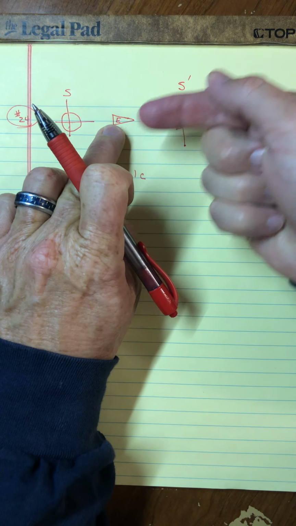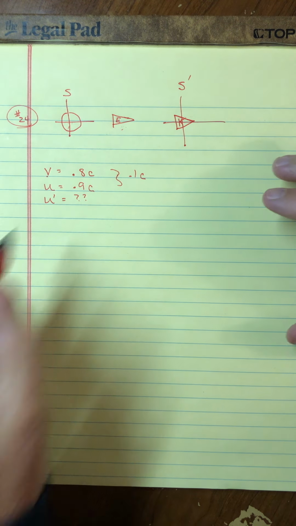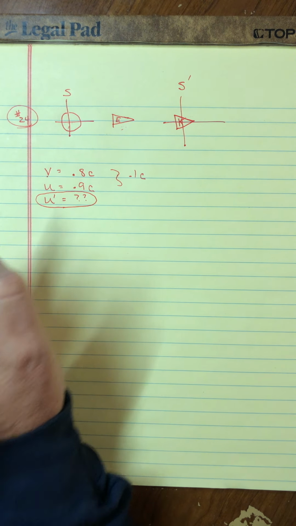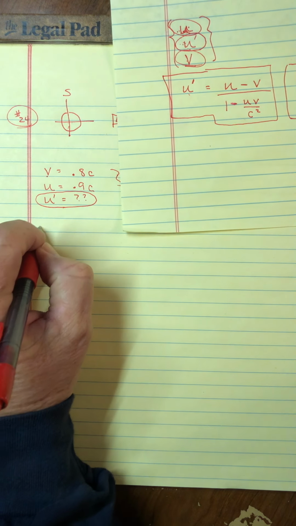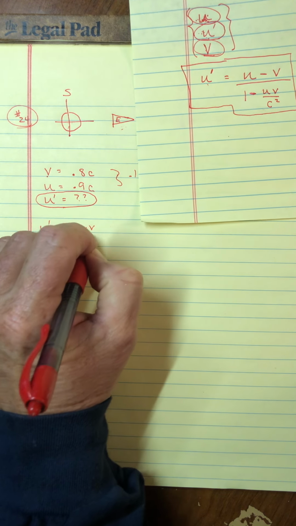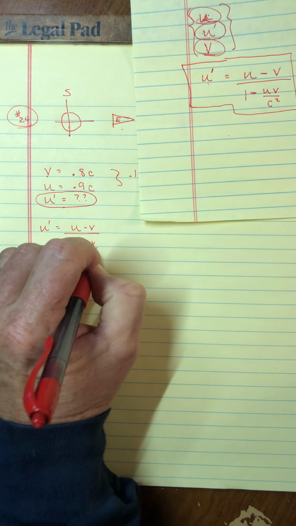You might call that it's coming towards you at a negative speed. But either way, this is what they're looking for. And so this is where I said I would use this one right here. So u prime is equal to u minus v over 1 minus uv over c squared.